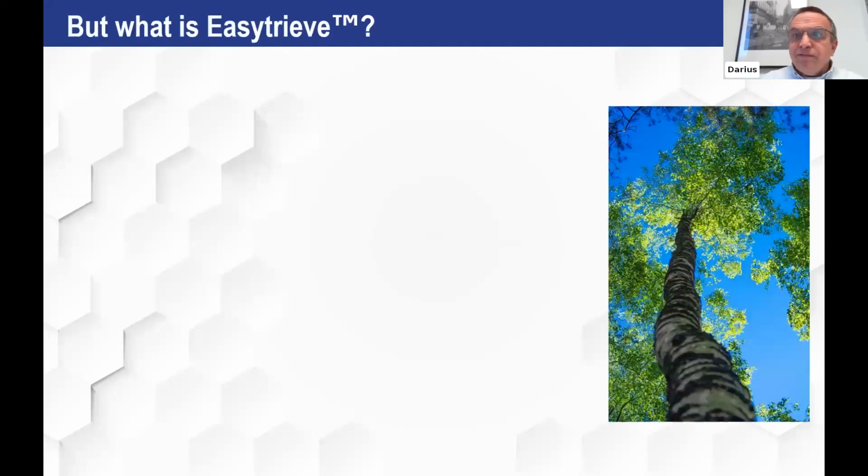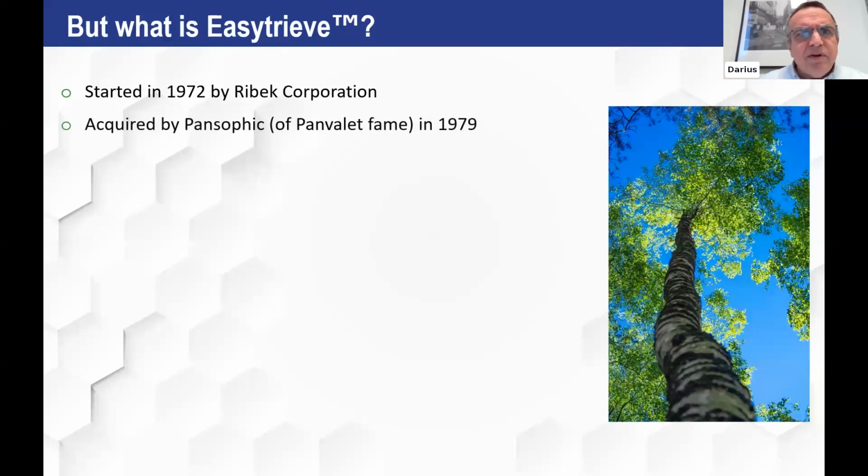So what is Easytrieve? We're going to be talking about history for a while. It started in 1972, so it's lovely to have a product which is older than quite a few people on this call. I didn't poll anyone, but this product is more than 50 years old today and has been owned by companies that have disappeared since.